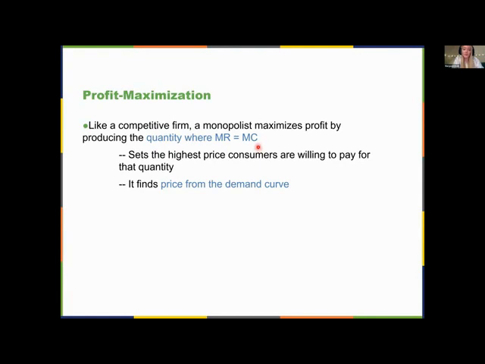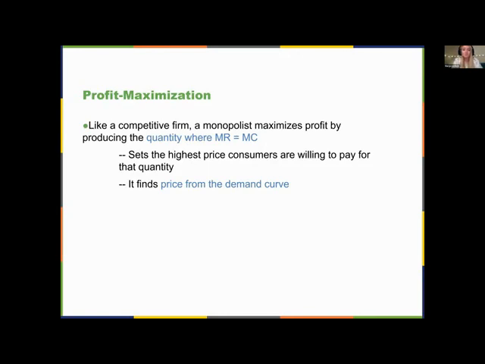So whether it be a perfectly competitive firm or a monopoly, the firm is going to maximize profit by choosing a quantity where the marginal revenue that they bring in from producing that quantity is exactly equal to the marginal cost of producing that quantity. So let's say that a monopoly was producing at a quantity where the marginal revenue was greater than the marginal cost.